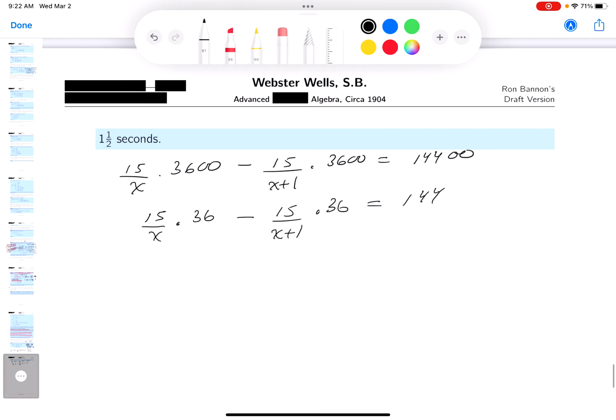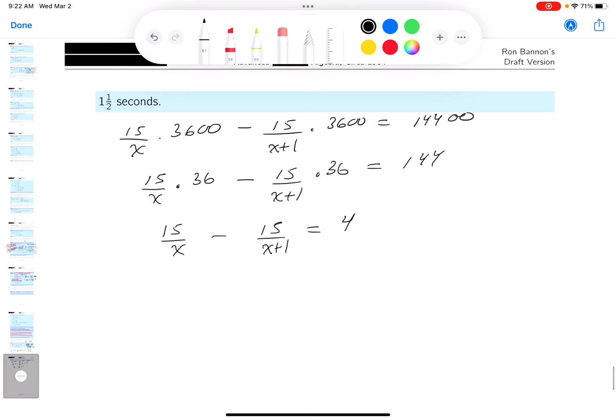The next thing I would do is I would divide both sides by 36. 36 goes into 144 4 times. And 4 times 3 is 120, 4 times 6 is 24. Then I would multiply both sides by the LCD.